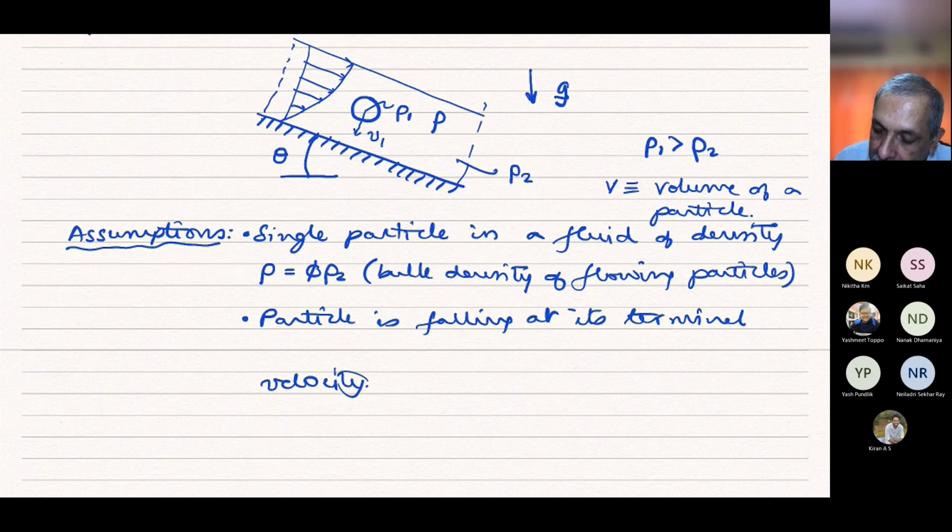It will be falling down. But since the granular material is so viscous, so dissipative, the motion is going to be very, very slow, and so the particle will be at its terminal velocity. There will be no acceleration. So the acceleration is equal to 0. This is what is required.